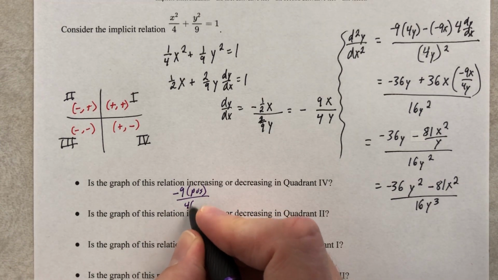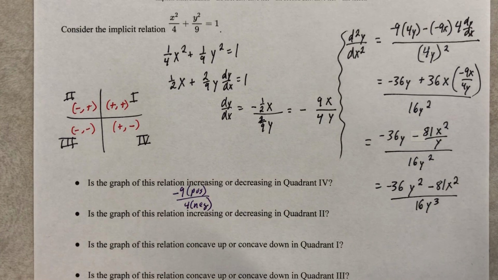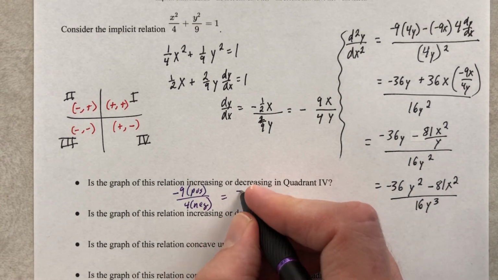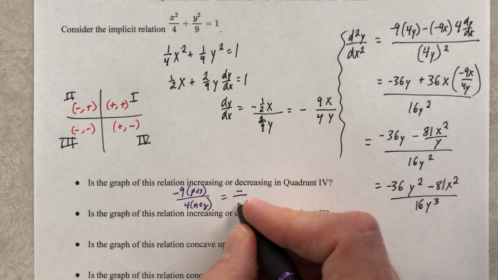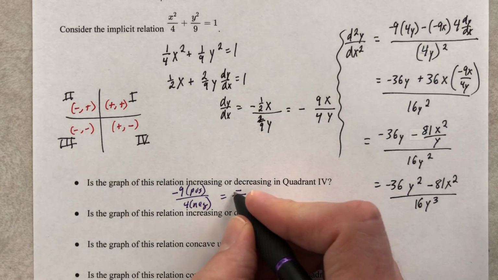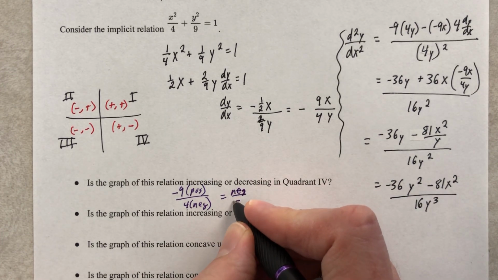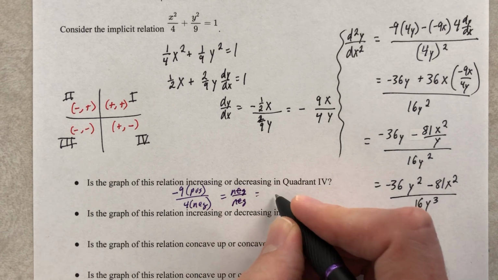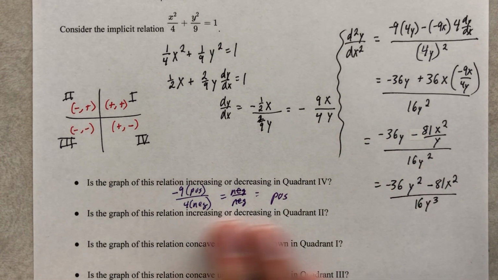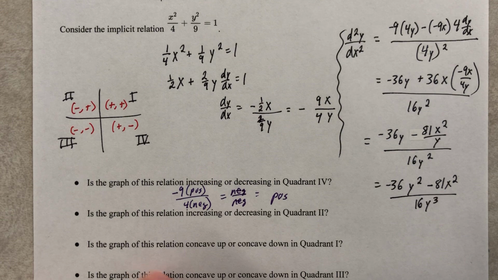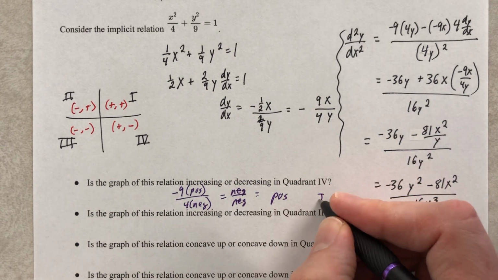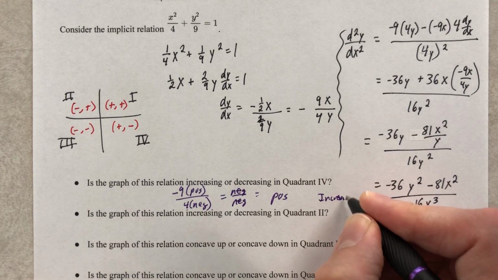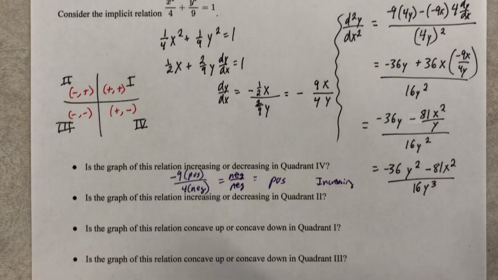And then 4 times a negative is going to give me a negative over a negative. That's really sloppily written. Let's use the words instead. Negative divided by negative, and that's going to give me a positive. So this is just my doodling. This can happen in my head, but this is increasing. Okay? You don't even need numbers now.